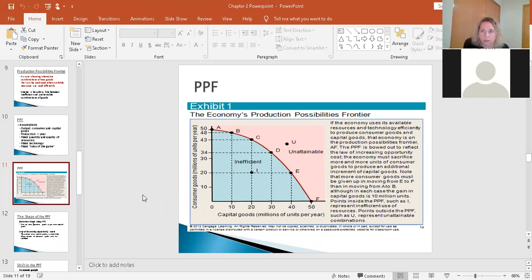What resources do you think an economy might have that would be better suited towards the production of consumer goods? Think about the things you buy at Walmart. I can wait.